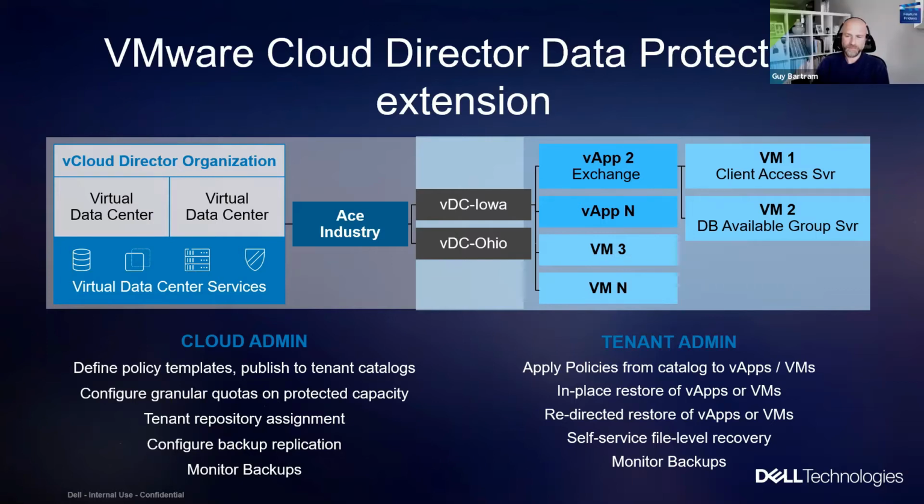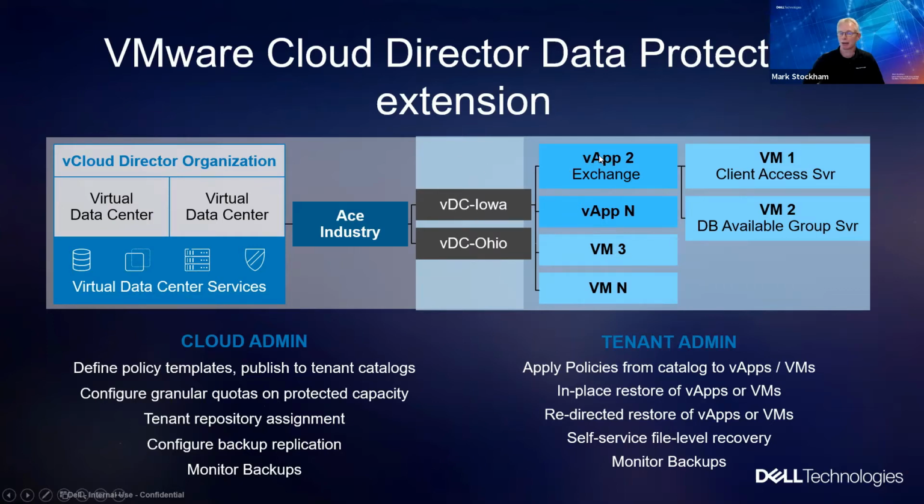Yep. On the right-hand side, applying those configured policies, looking at in-place restores or new restores of apps and VMs, that whole self-service recovery and file level recovery is made available, as well as monitoring. So you can see we've got an entire organization. We've got the virtual data centers broken down here.